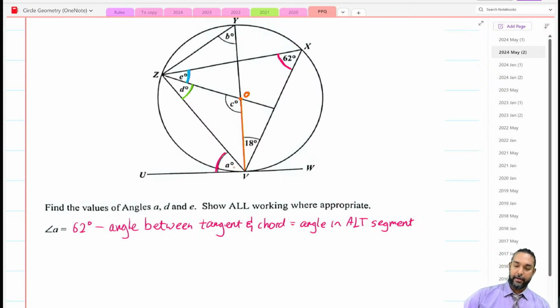That's correct. The whole angle here would be 90 degrees. Okay, right. So this angle out here is 62. That's what we just found. So they say 90 minus 62 will give us the angle on the inside. Right?